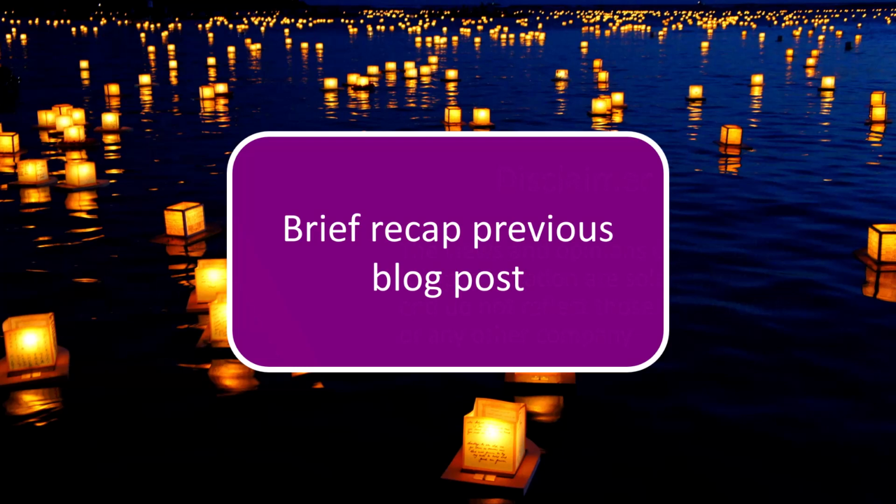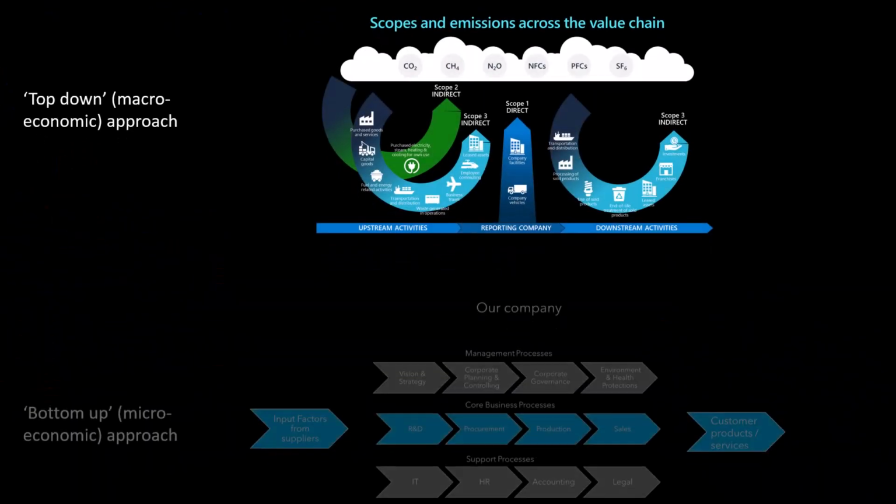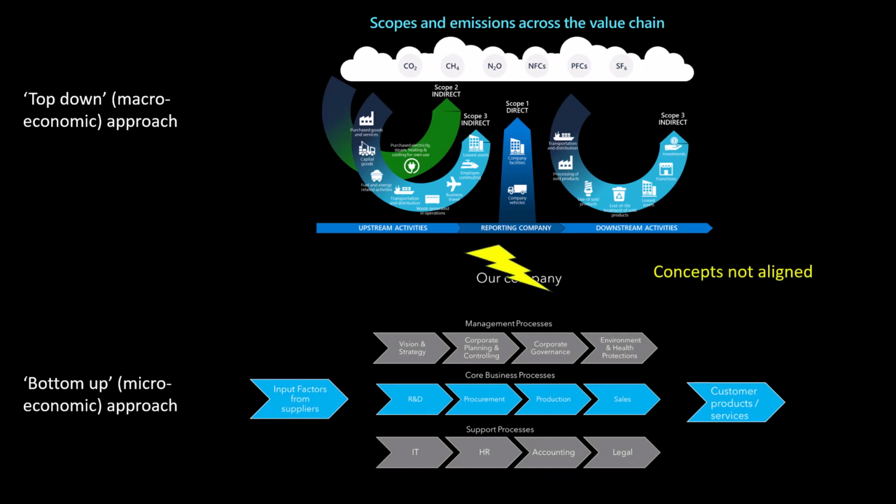Before we have a look at what I want to show you today, I want to quickly recap what we did in the previous posts. First, we said the different approaches of carbon emissions and how companies organize and record their business processes do not really align or fit.